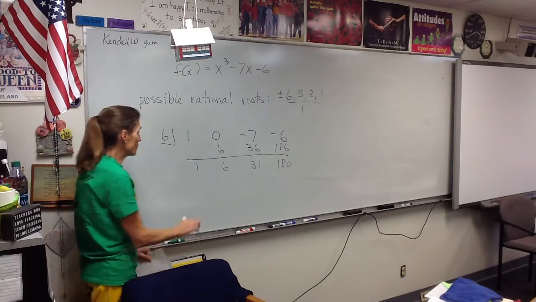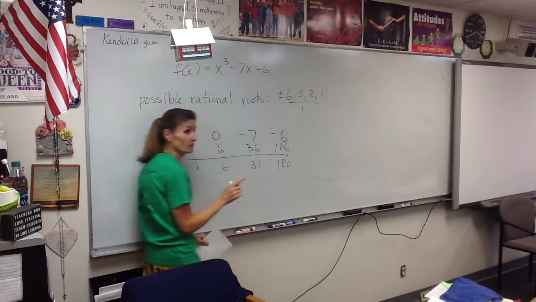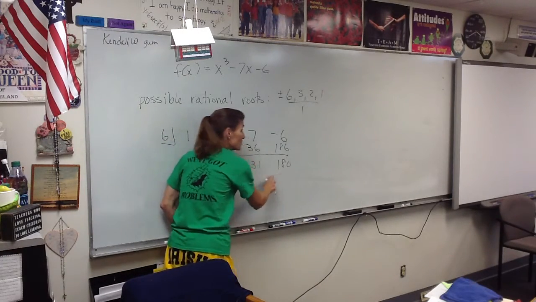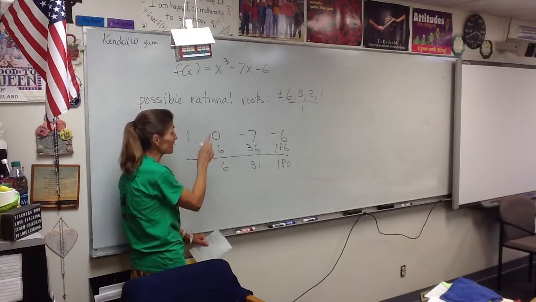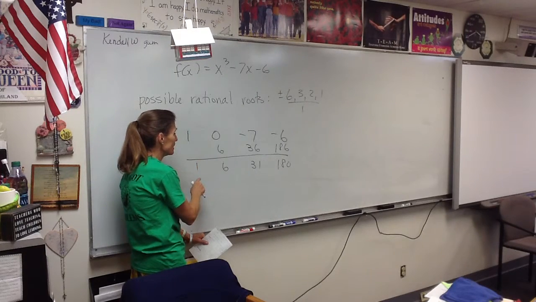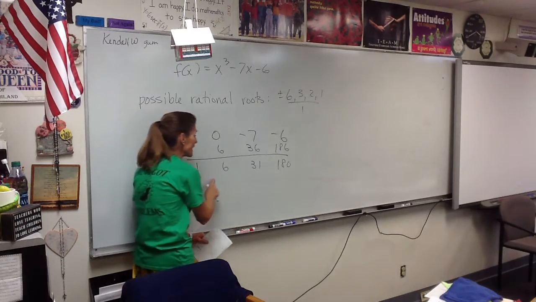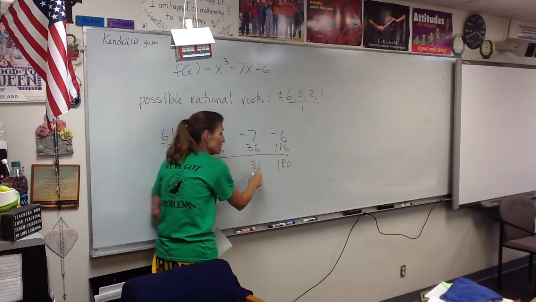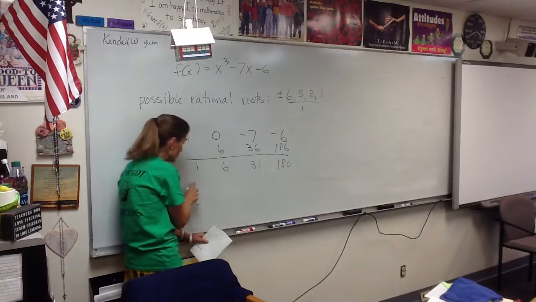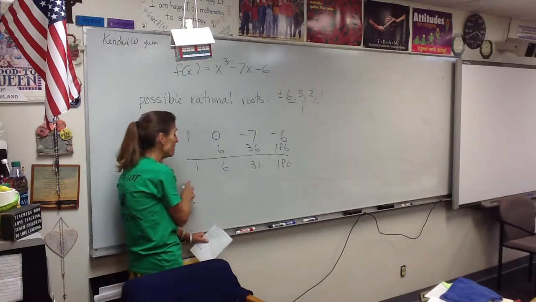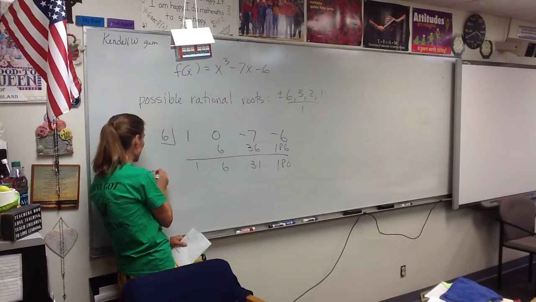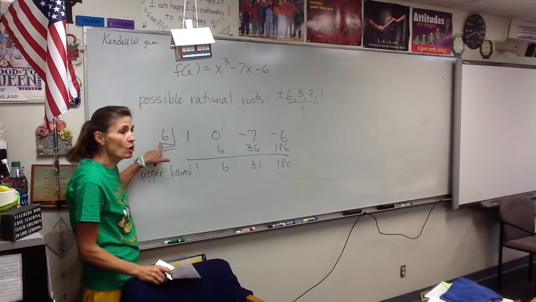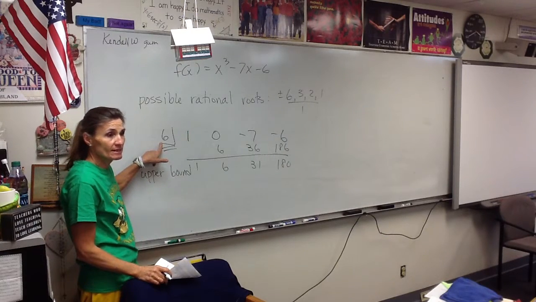I want you to notice that this, clearly 6 is not a factor, right? But what happened was actually valuable to me. Now, in this case, maybe not so valuable, but when this happens, when you get all positive numbers in your division, as you get your answer to your division, that means you have found an upper bound. What that means is there will be no answers bigger than 6.